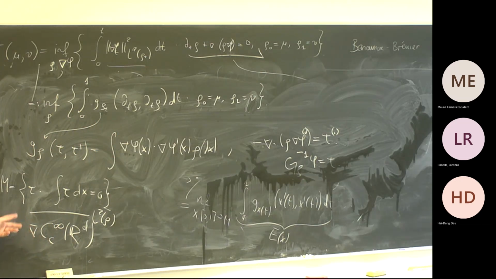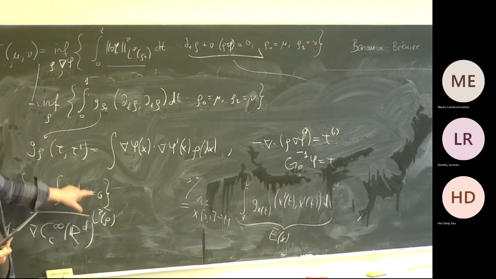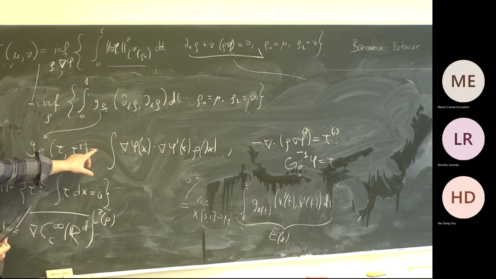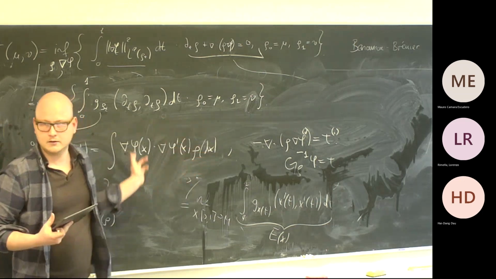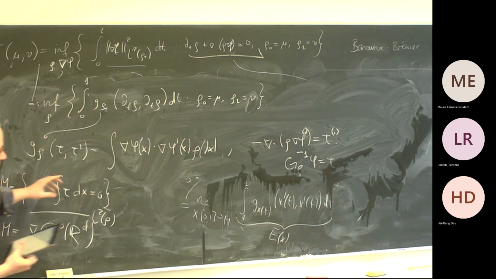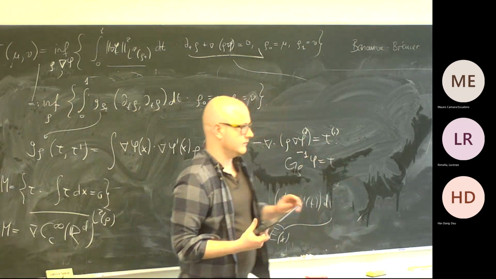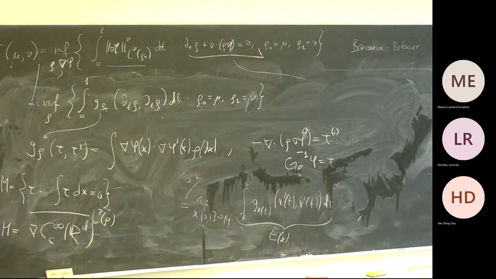And so the spirit is that you think of the way a density can change. You say that the density can change by pushes through gradient vector fields. And then if you want to compute the angle between two changes, you do it like this. And this equation establishes sort of a one-to-one correspondence between this and this.